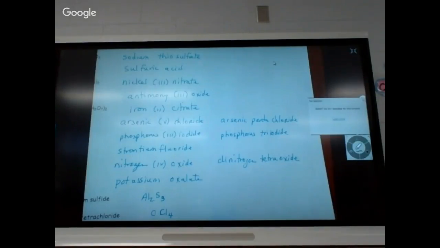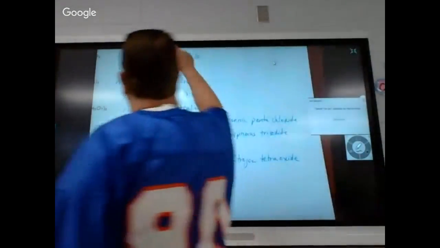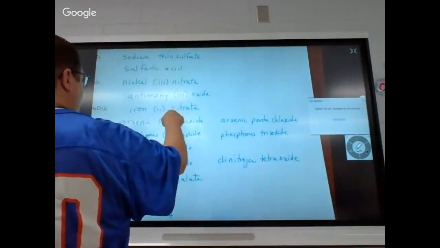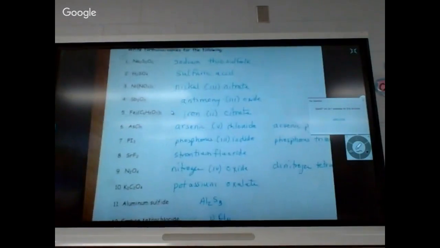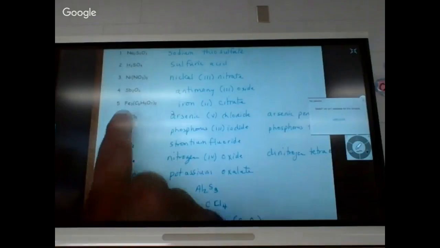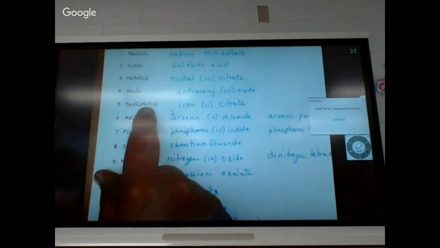Okay, 5? All right, so in 5, I don't know what 5 is. I think I just mixed up the numbers. 1, 2, 3, 4, 5. So that one? Okay. So you're okay with Fe's iron, and you found citrate, right?